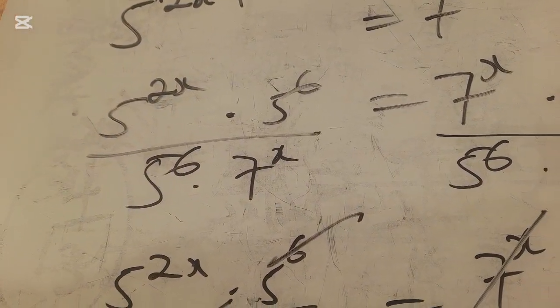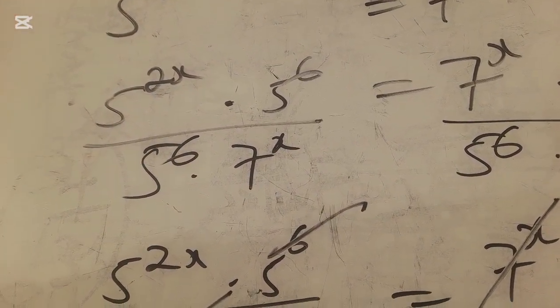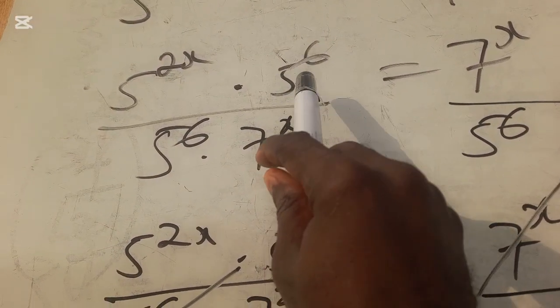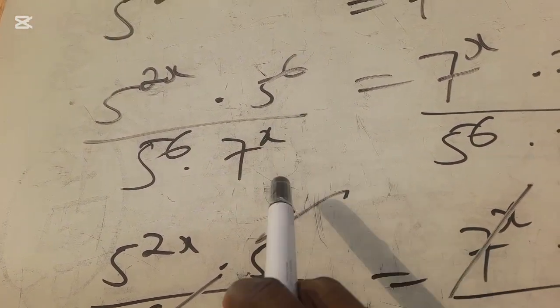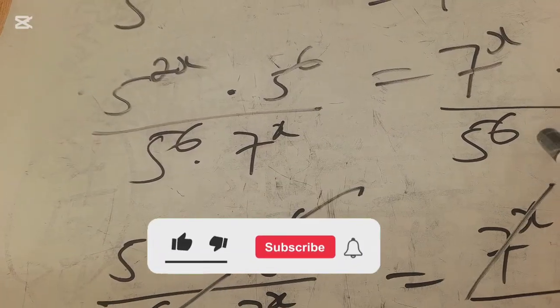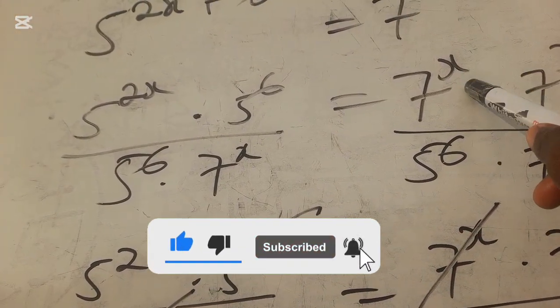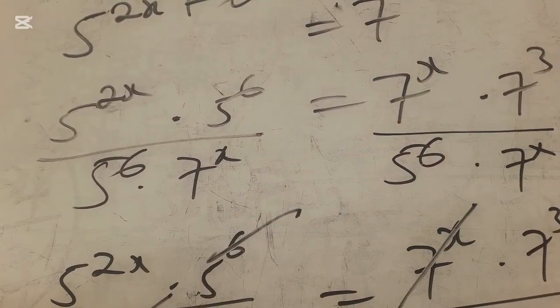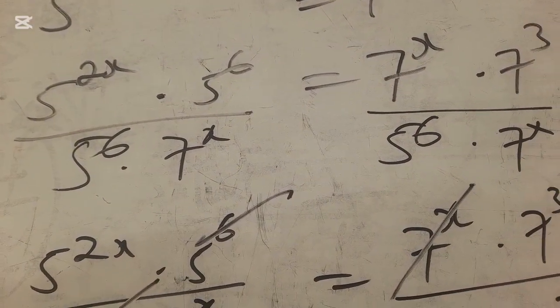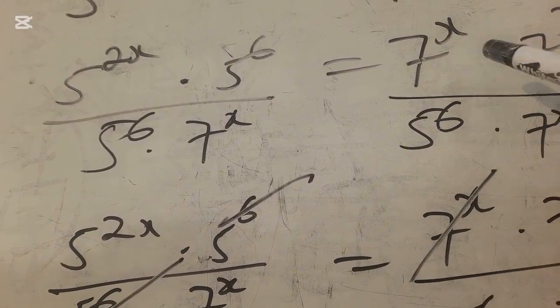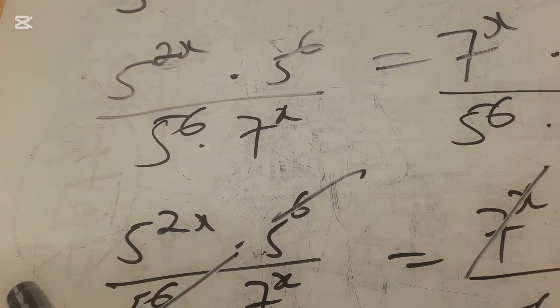Now we want to group like terms. So to group like terms, we divide through by 5 power 6. So 5 power 6 here, 5 power 6 here. Then we also want the 7 power x to be where 5 power 2x is, so we divide through by that one. When you see the division, this divided by that in that order.